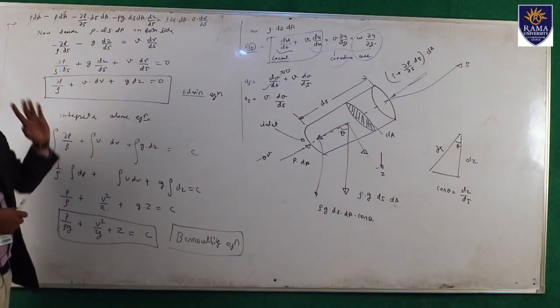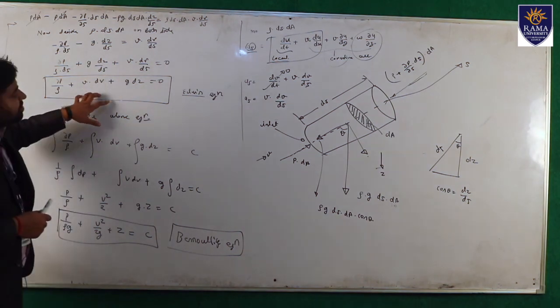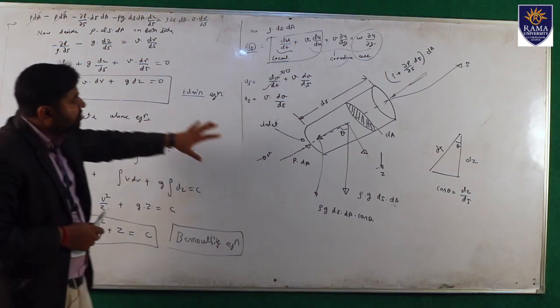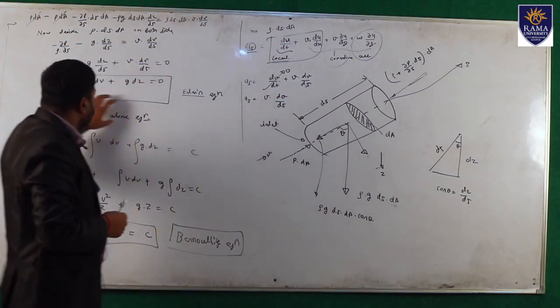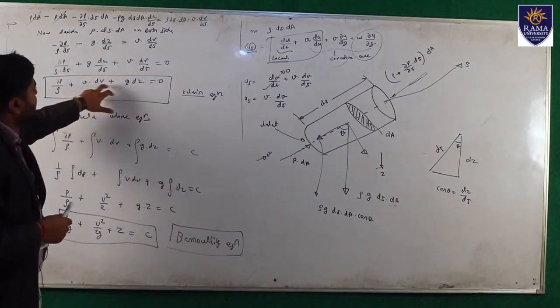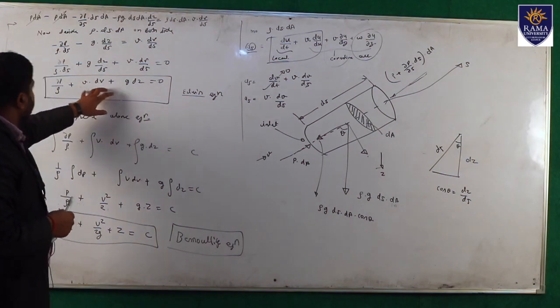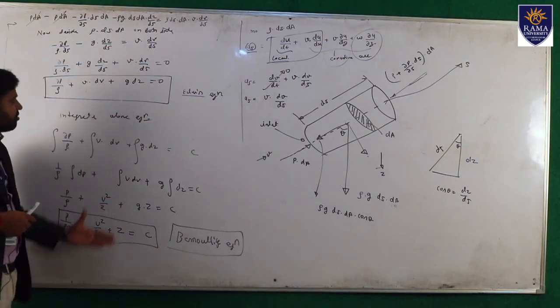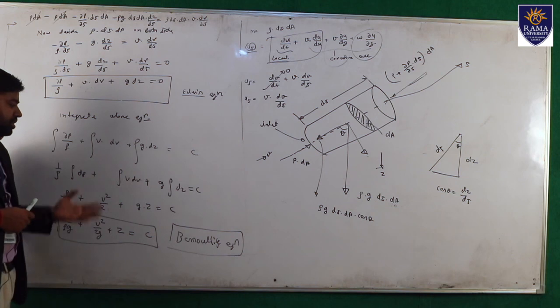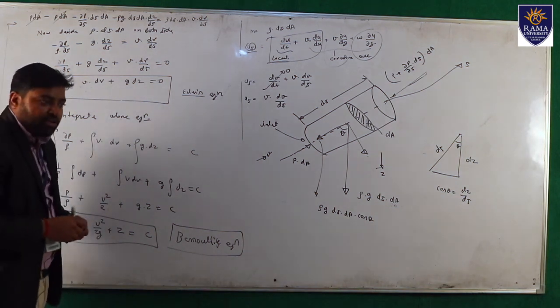So from the above pattern we have derived the Euler equation first considering this element, del P upon rho, V dV and plus g dz, and after that we have derived the Bernoulli equation from our Euler equation. So that's it for today. Okay, thank you so much.